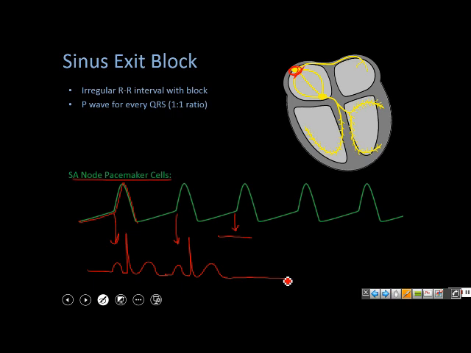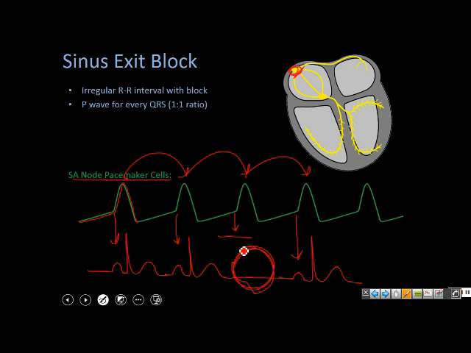Now, those cells did technically depolarize, and so that atrial timing persists, and the next heartbeat falls right on cue. So the next P wave falls right on time. And with sinus exit block, what you end up with is exactly one heartbeat missing.